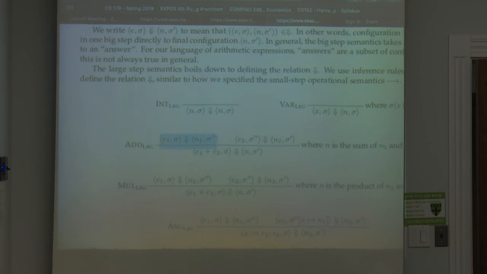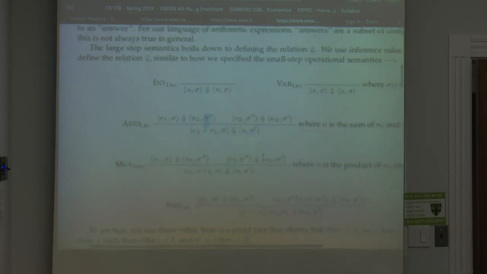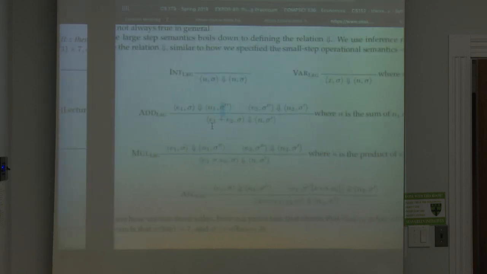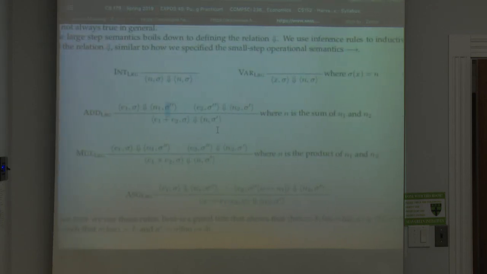Exactly. So here it says expression 1 sigma, large step going to n1 sigma prime prime. So here it shows that the sigma has to change. No, I think maybe it allows you to change an expression into a number.